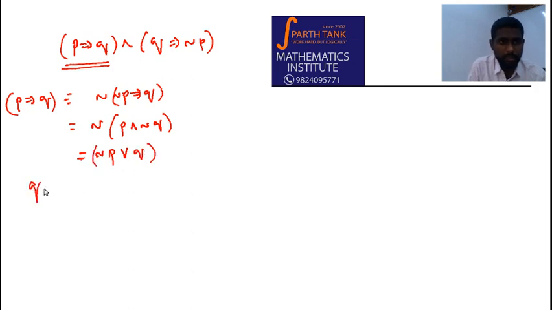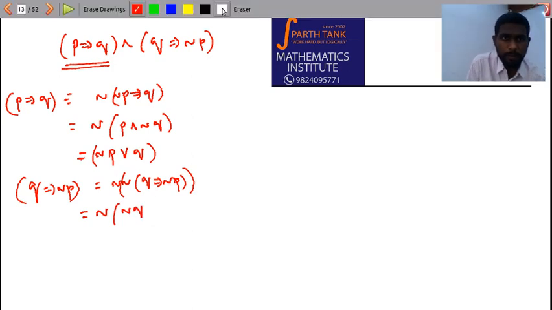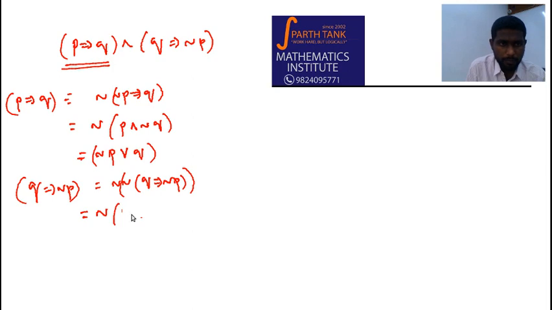The same way, Q implies not P can be simplified as not of Q implies not P, which becomes not of Q and P, right?